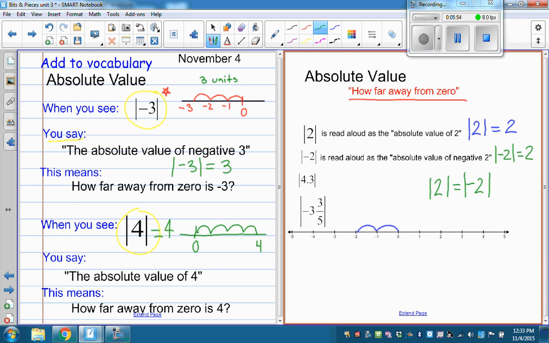If I wanted to plot a point like this on the number line, it would be okay for me to put a point and put an arrow and say this is the absolute value of negative 2. Or I could put a point and put an arrow and say this is equal to the absolute value of positive 2. And over here, I could put another point and another arrow and say this is about where the absolute value of 4.3 is.